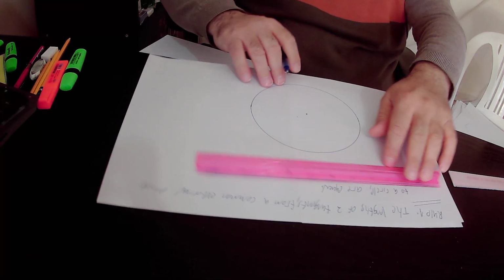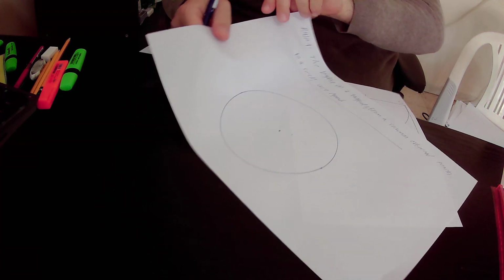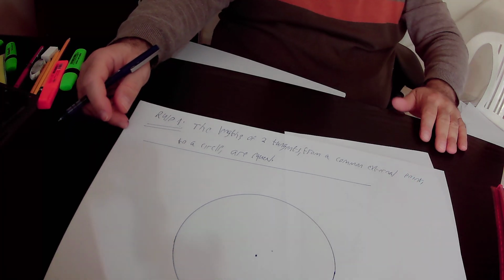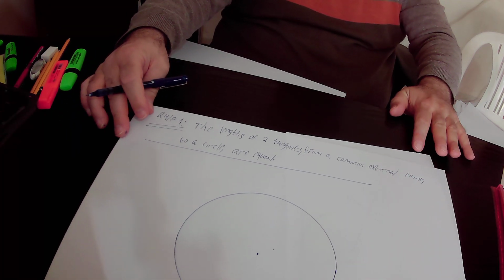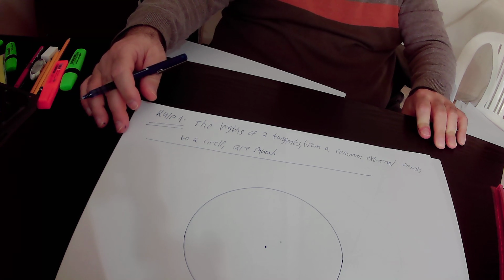We'll read rule number 1 again. According to rule number 1, the lengths of two tangents from a common external point to a circle are equal.